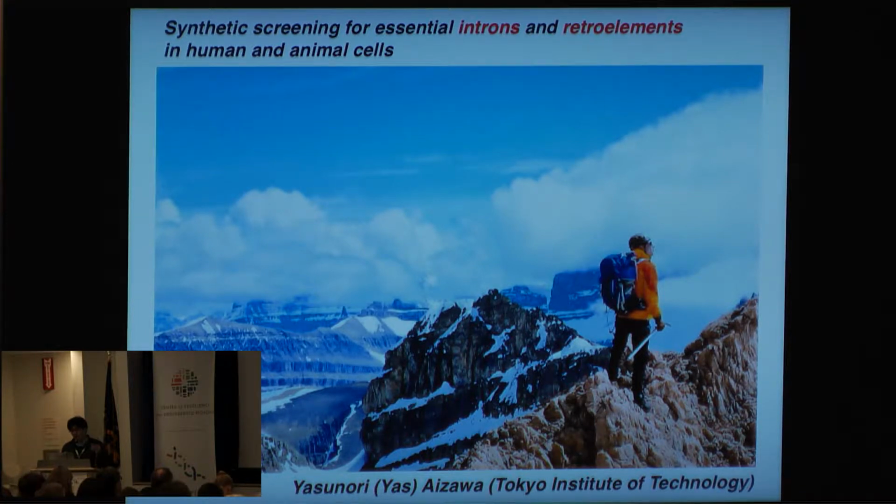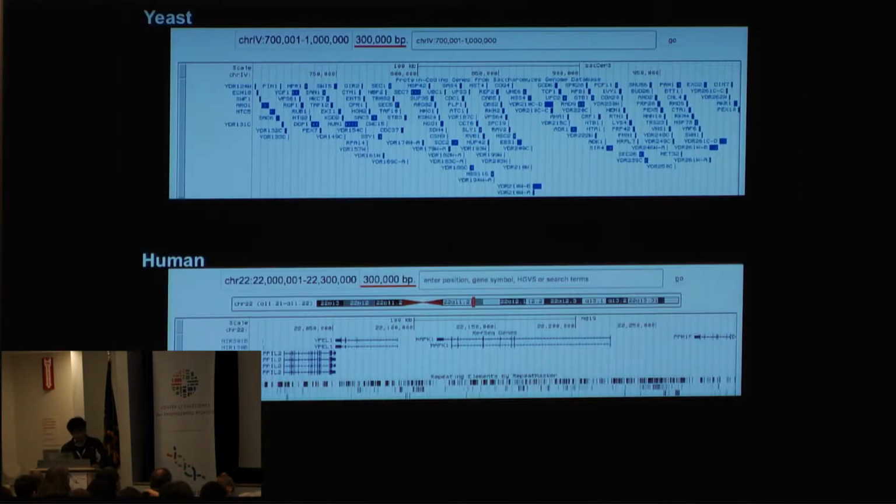So actually, as a first presenter of a pilot project, focusing on the human or other big genome synthesis project, I think my role is to remind you of the difference between the genomes that have been synthesized and the ones that are going to be synthesized. So here I show the top panel and the bottom panel.